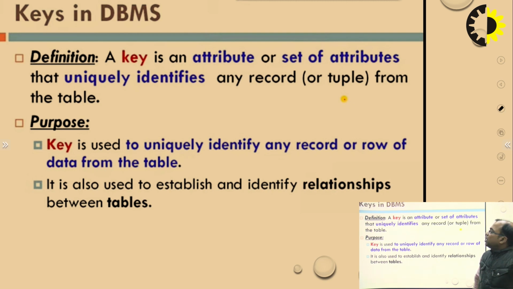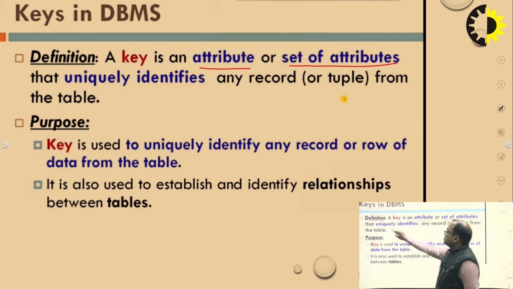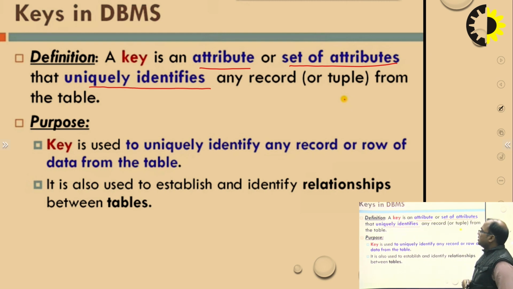It may be a single attribute, or it may be a combination, a set of attributes, combining more than one attribute. In short, a key is an attribute or set of attributes that uniquely identifies any record or tuple from the table. Clear?